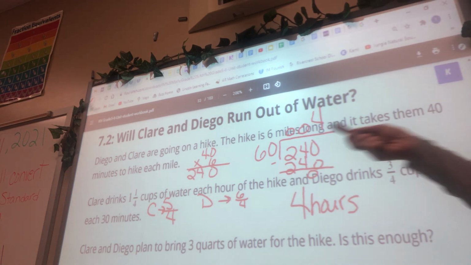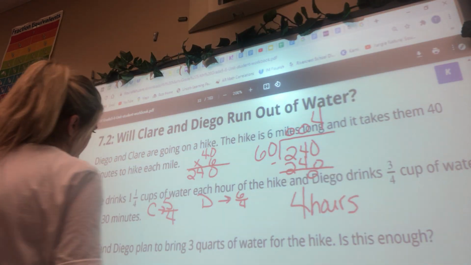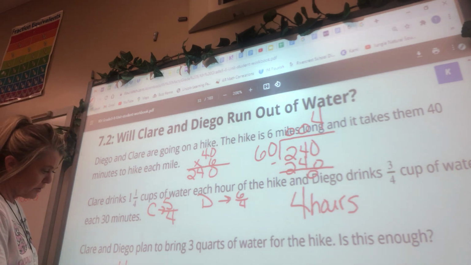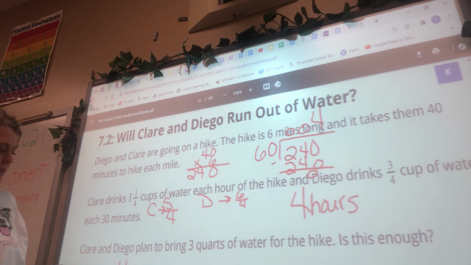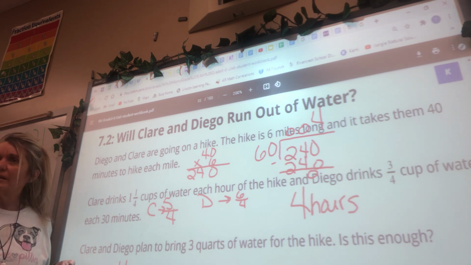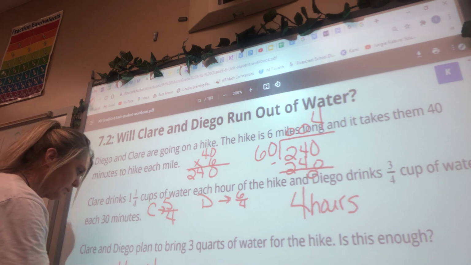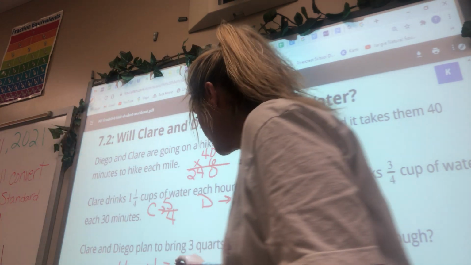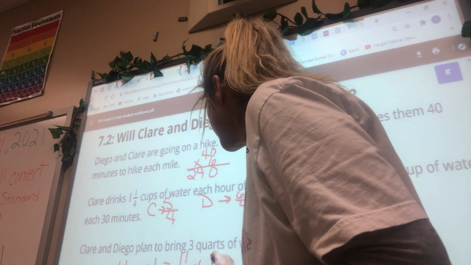So now, altogether, how much would Claire and Diego drink? 11/4, wouldn't they? And they're drinking this per hour, aren't they? So what do I need to do with this 11/4? Times 4 over 1, and then we change it to a fraction also.